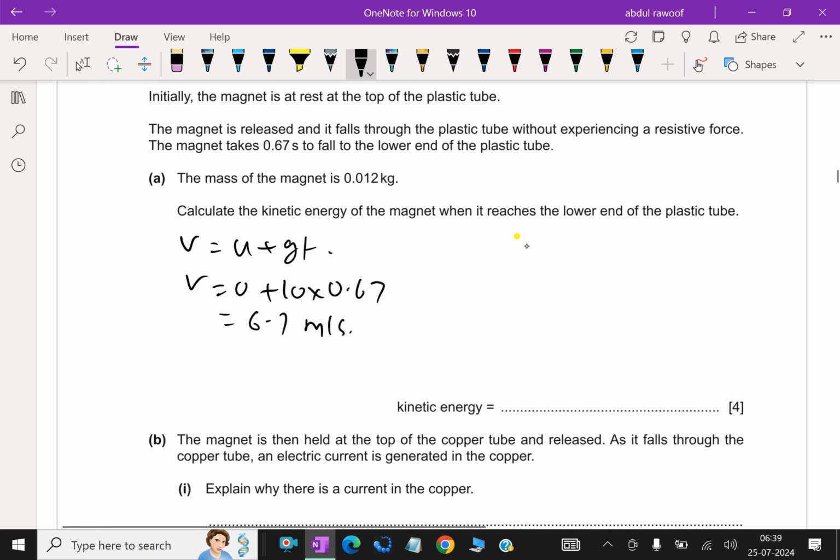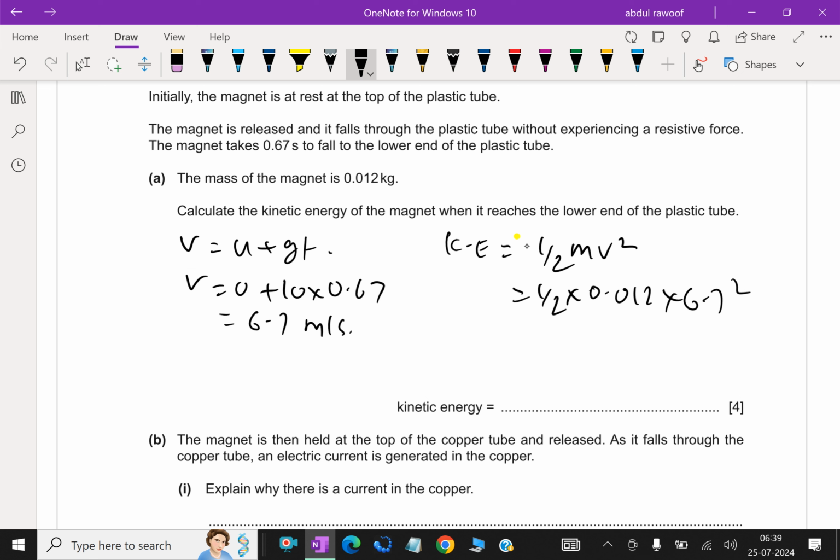Now, kinetic energy formula: half mv squared, because half, mass is 0.012 kg, velocity is 6.7 squared, which is equal to 0.269 joules. Therefore, kinetic energy is 0.269 joules.